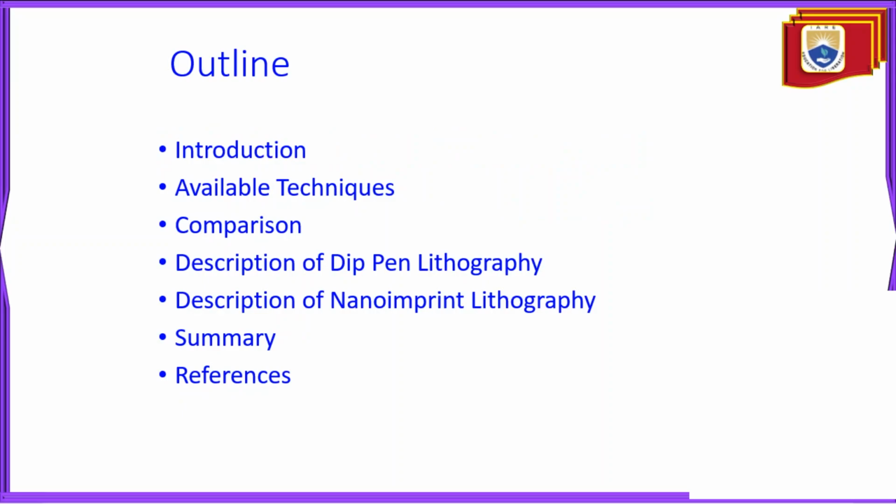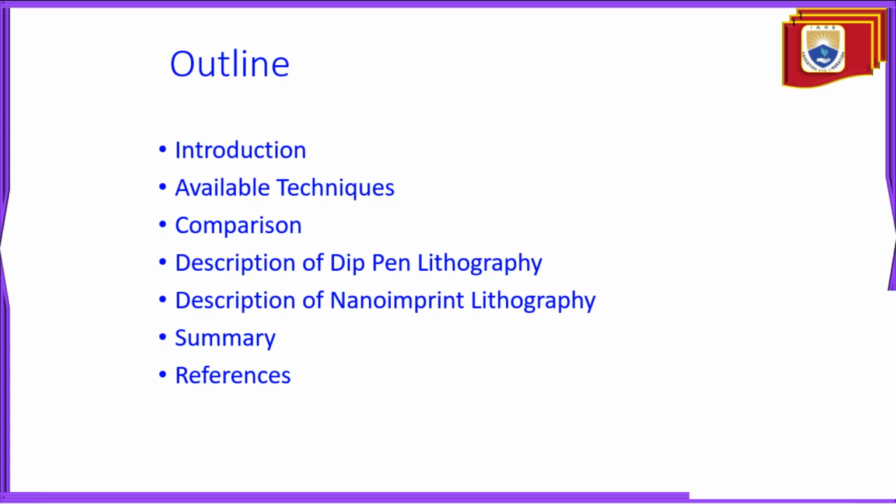So the main outline of this fabrication of magnetic storage devices consists of the introduction, available techniques and comparison, a description of dip pen lithography, a description of nano imprint lithography, and the summary and references.